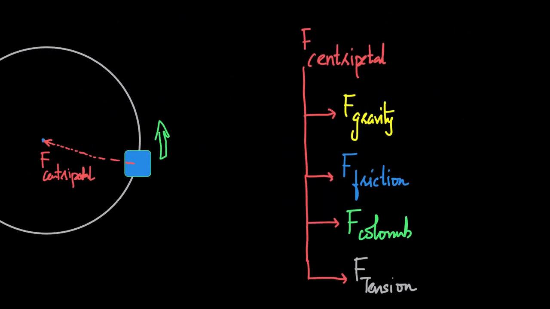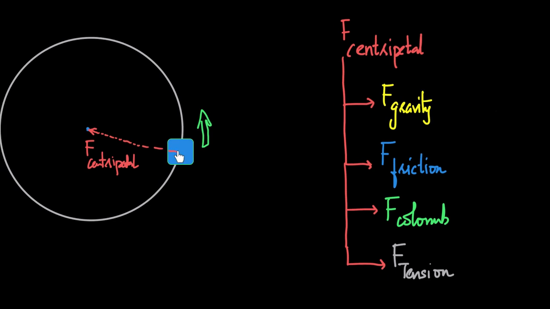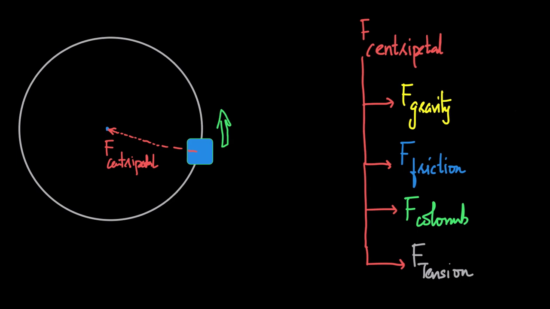So we know that when any object executes circular motion, either clockwise or anti-clockwise, the object will experience a centripetal force which will be acting radially inwards towards the center.